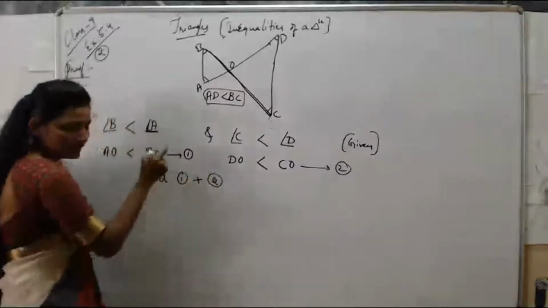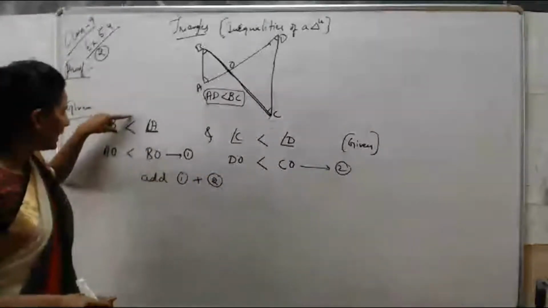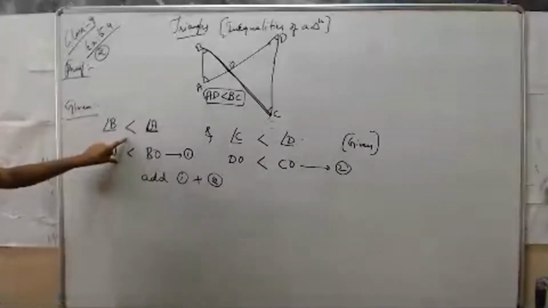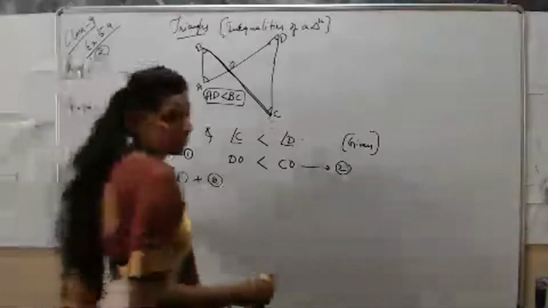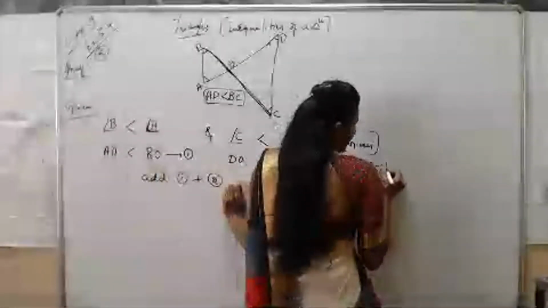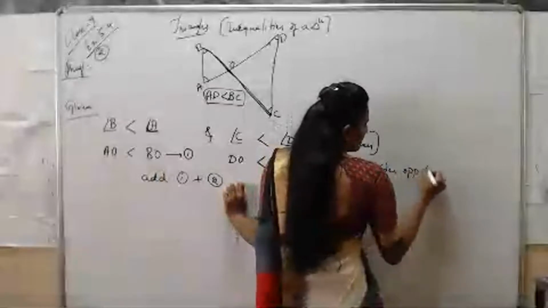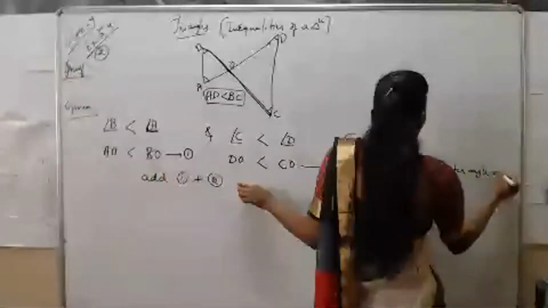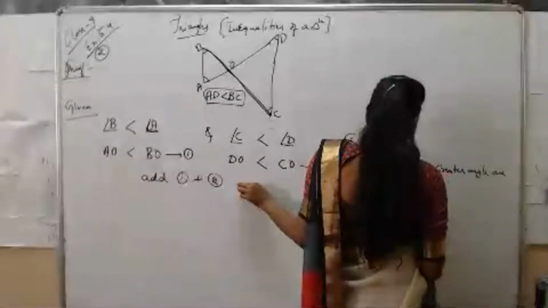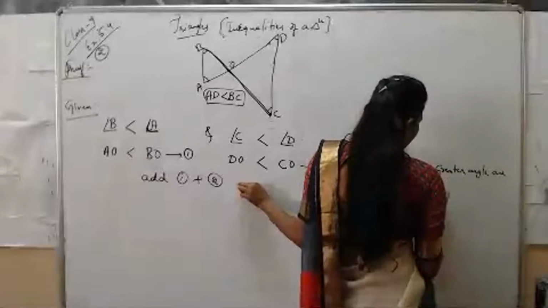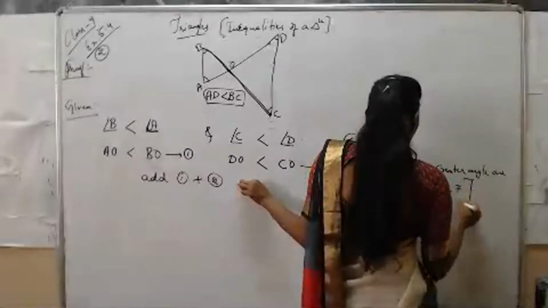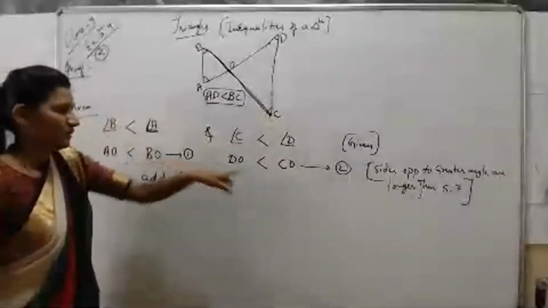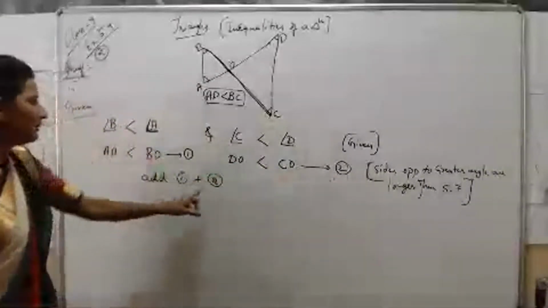How did you write the opposite sides? By theorem 5.7, sides opposite to greater angle are longer. Add 1 plus 2.